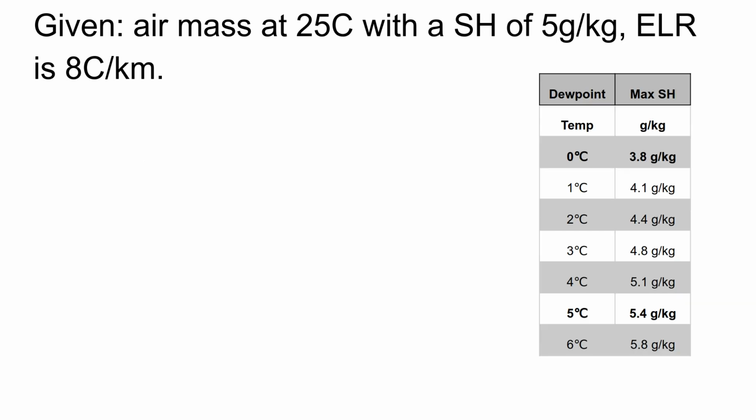So, given an air mass at 25 Celsius with a specific humidity of 5 grams per kilogram, and the ELR is 8, we want to know what the dew point temperature is. So we have a specific humidity of 5 grams. So 5 grams is someplace in between 3 and 4. So the way we're going to do this is at 4, you're not going to have condensation. So go to the next whole number, 3 Celsius.